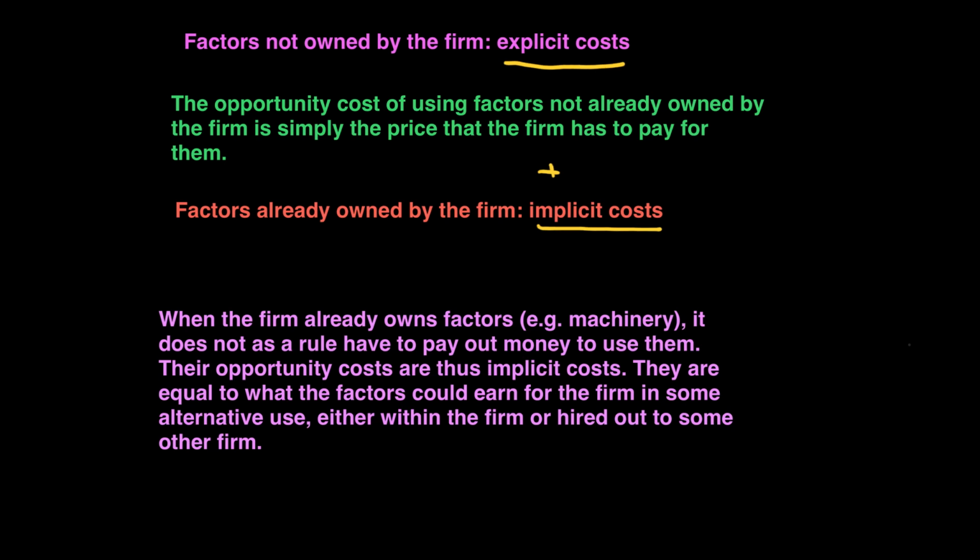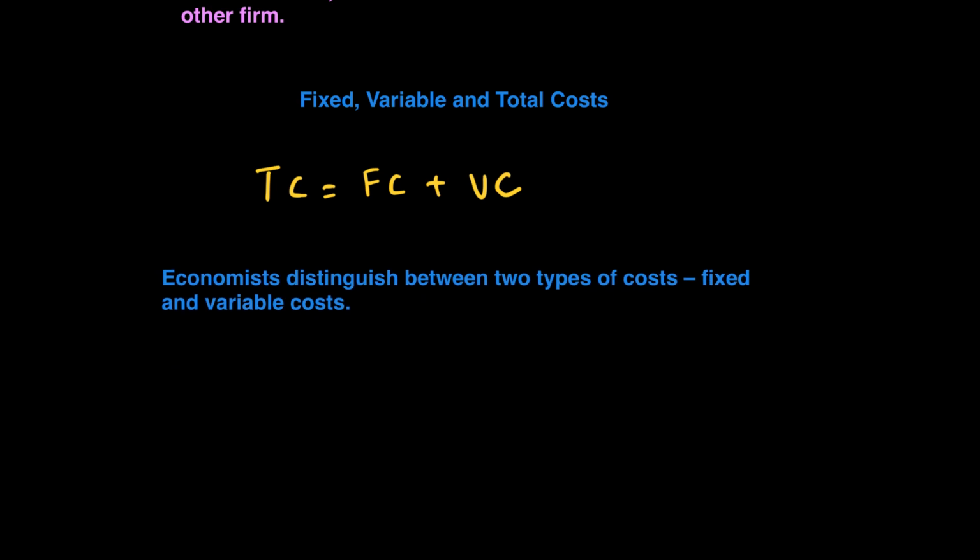Now this brings us to the next discussion, which is basically our discussion about what we call fixed, variable, and total cost. We say that total cost is equal to fixed cost plus variable cost. So economists basically distinguish between two kinds of costs, which is called fixed cost and variable cost.